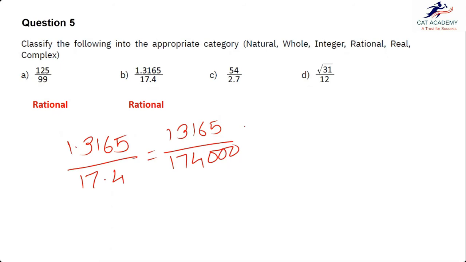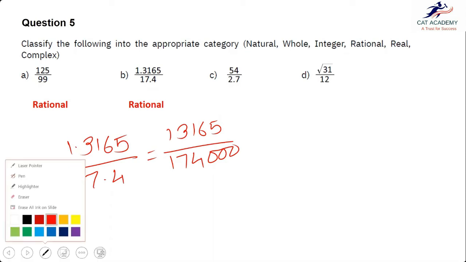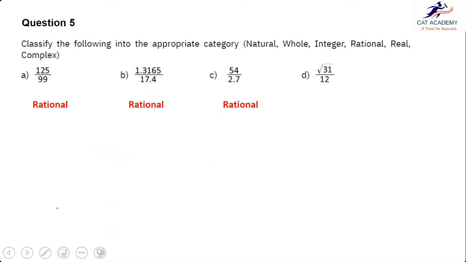Can I write it like this, integer by integer format? Correct? So that's why the second one is rational. Okay? Third is not rational.